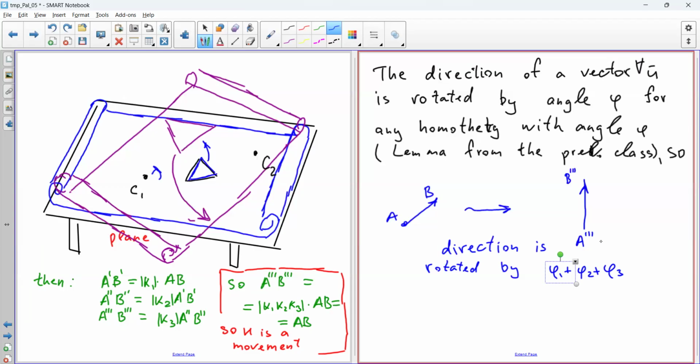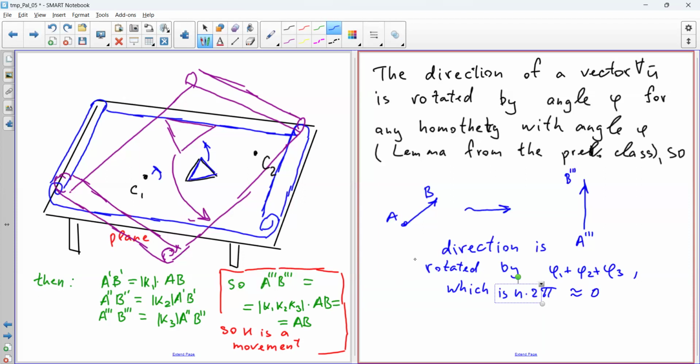Okay then. So the direction of any vector was rotated literally by this angle, which is just n times the full angle, the entire angle, which is equivalent to 0, right?